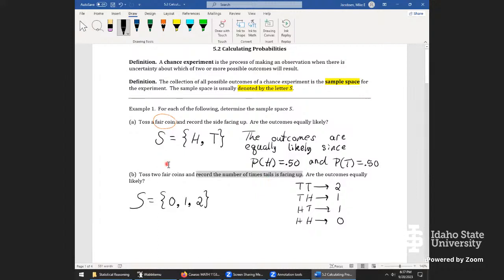Really different, definitely different, right? Going from tossing one coin and just recording the outcome versus doing two coins and recording something else, a further result would give us that sample space. Yeah, go ahead. Why don't we do that either? Oh, that's a great question.